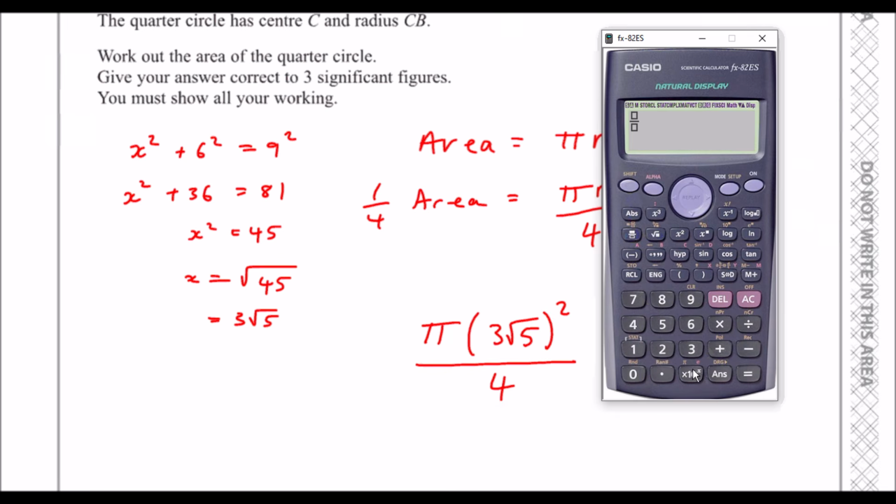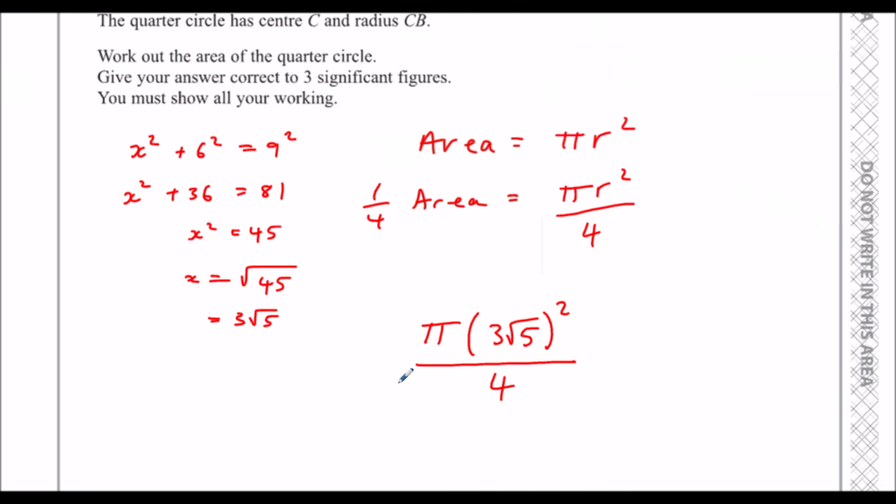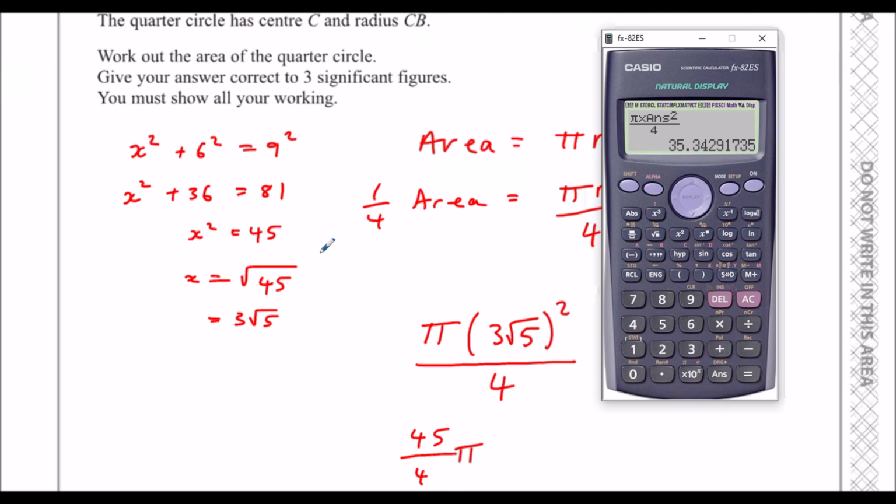So I've got pi times the last answer squared divided by 4, which is 45 over 4 pi. So that makes sense. We knew this was 45. So 45 pi over 4. But we want our answer for 3 significant figures. So 1, 2, 3, 35.3.